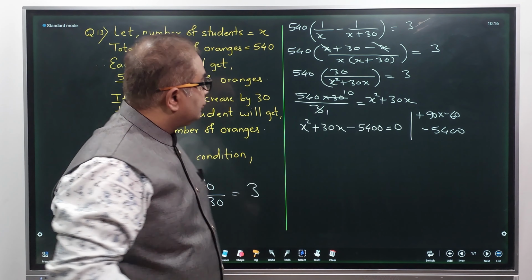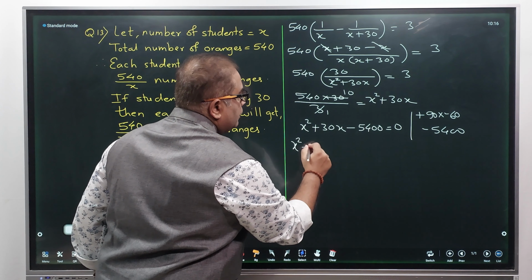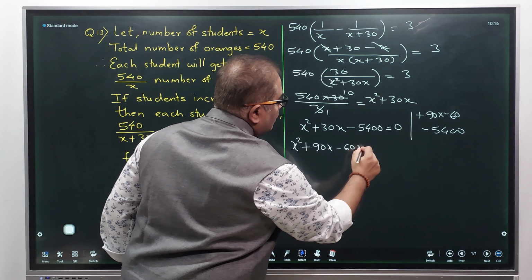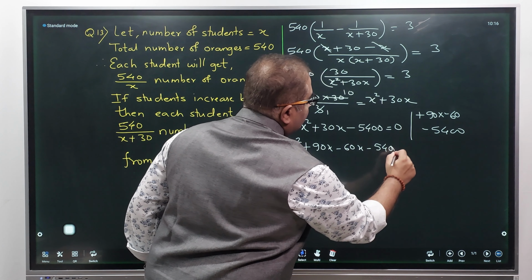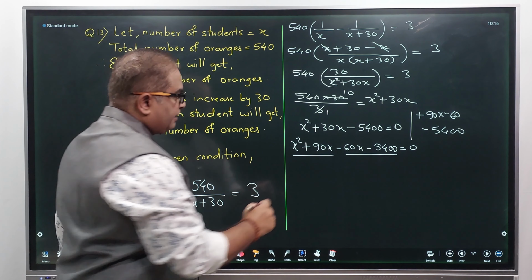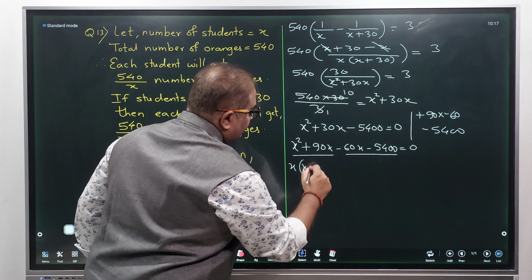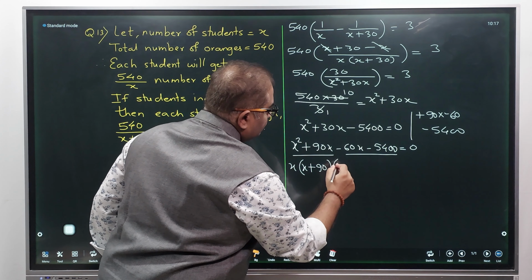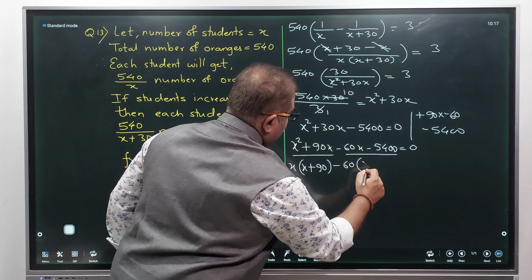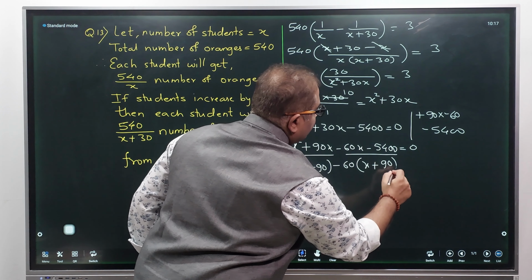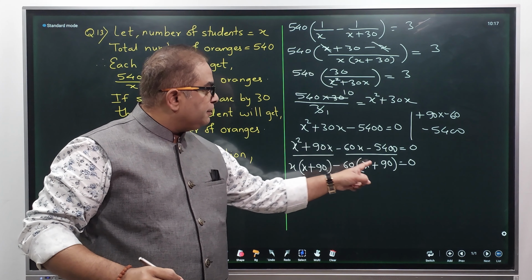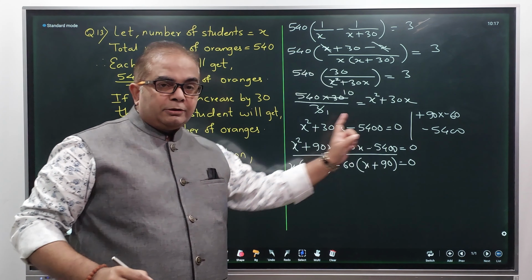Okay, so we'll solve. x square plus 90x minus 60x minus 5400 is equal to 0. What is common? x plus 90 common, minus 60 common. Again x plus 90 is equal to 0.